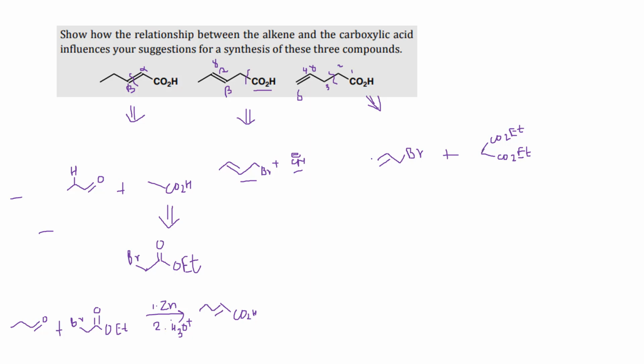Okay, so if you want to incorporate a CO2H group, what will you use? You will use CN minus. If you want to enhance by one carbon, we will use malonate ester, diethyl malonate ester. So what will be the forward synthesis of this compound?